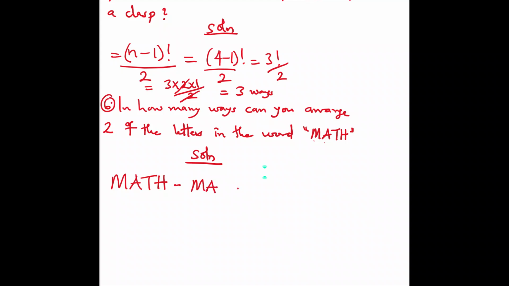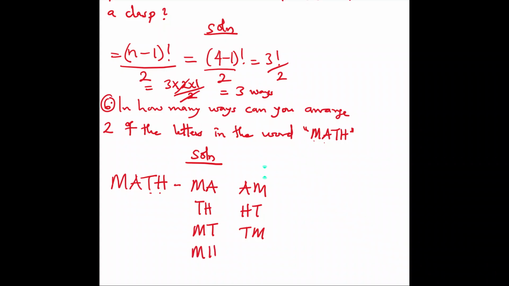So now let me take M-A, okay? And if I switch it, I can also write it as A-M. And then I can take T-H. If I switch it, that will be H-T, okay? And then I can pick M-T. If I write it in the reverse order, it will be T-M.